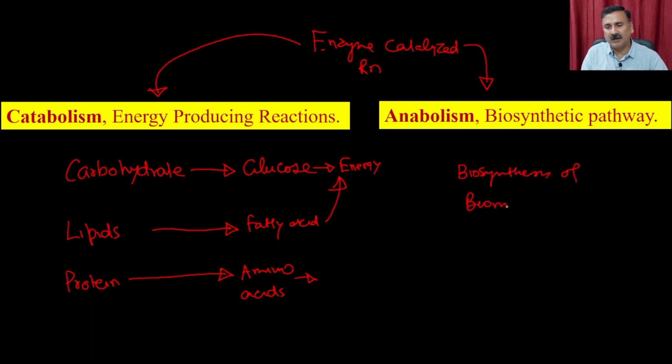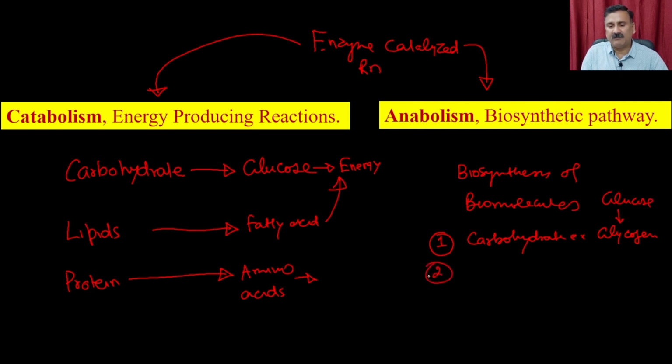Under this category, you can have all the biomolecules. You can have four biomolecules which you are going to synthesize. For example, carbohydrates, such as glycogen: you can use glucose molecules to produce glycogen. Similarly, you can have lipids: you can use fatty acids and glycerol to produce lipids.